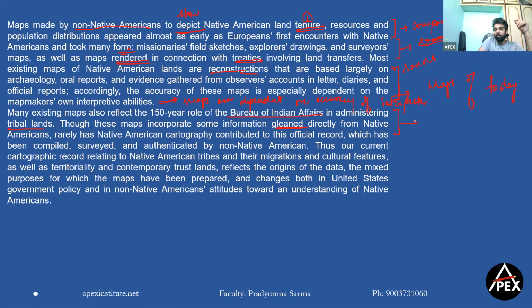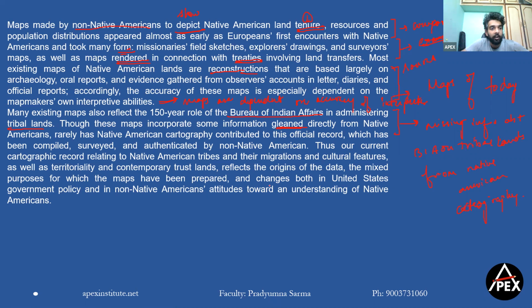But this information is missing, okay, missing info about BIA on tribal lands, okay, on tribal lands from Native American cartography, okay, from Native American cartography. Is that all right?